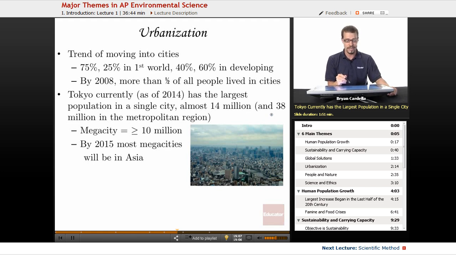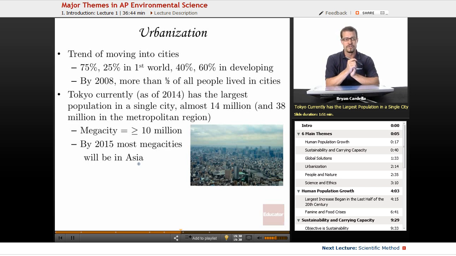That's a huge city. So there's this term megacity that has arisen in environmental science. Anytime a city is 10 million or more people, we call that a megacity. So yes, this includes Los Angeles and New York and many other cities you've heard of around the world. By 2015, most megacities will be in Asia. So Asia is experiencing a huge increase in people, and developing countries are having this increase in population, with more and more people moving to urban areas.